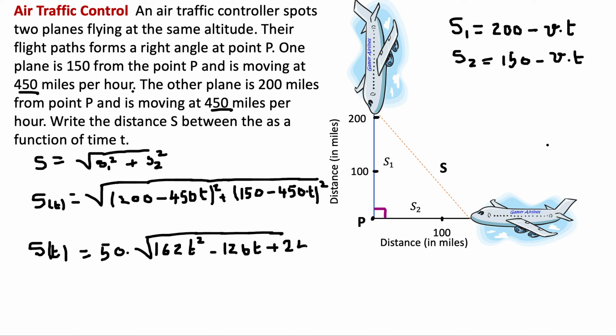So when we write the distance between the two planes in terms of the time t, it is 50 times the square root of 162t squared minus 126t plus 25.